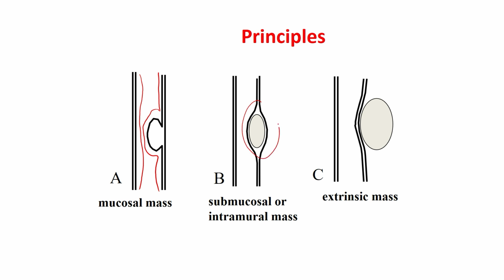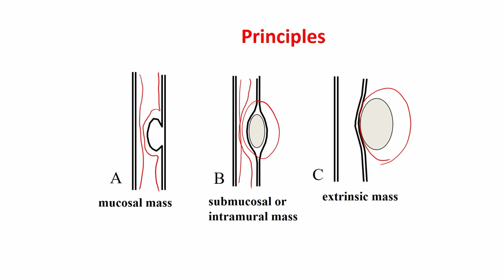So, it helps in diagnosis. In another picture, you can see a submucosal area, an intramural mass, which can also be identified. If the contrast media lines these areas internally, it will help to enhance the density and help in better diagnosis.